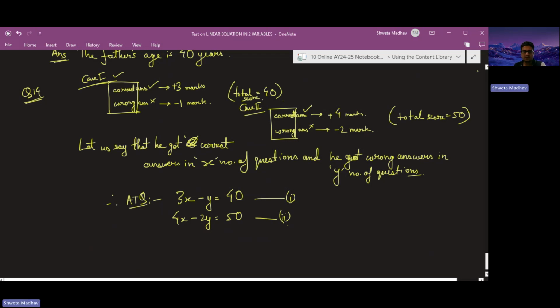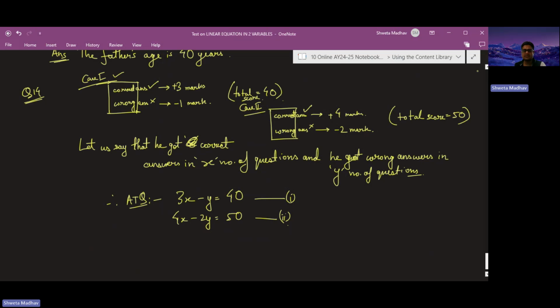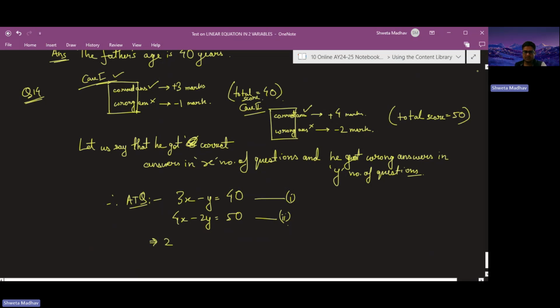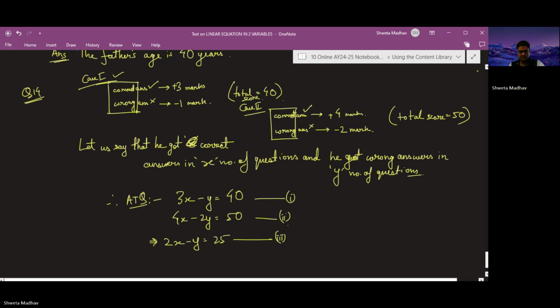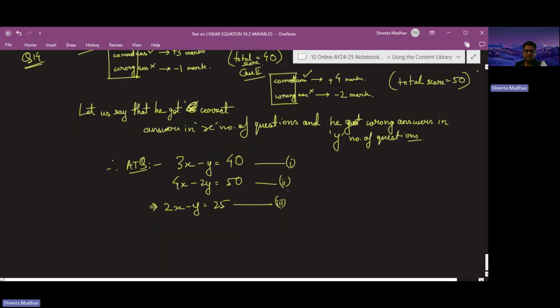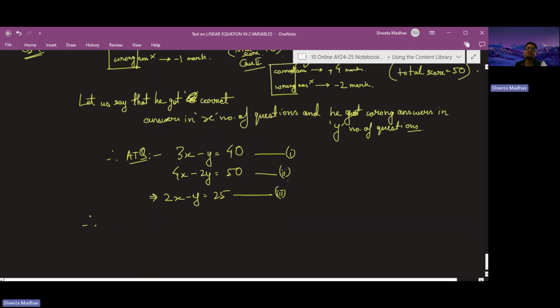So then how to solve it? We can divide the second equation by 2. Then we will get 2x minus y equals 25, which is our equation 3. And so from the first equation, we will subtract the third equation. Then we will get 3x minus y minus (2x minus y) equals 40 minus 25.